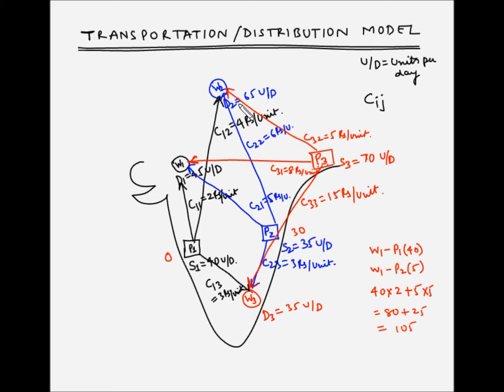Now the demand at W2 is 65 units per day and P3 can supply 70 units per day. So 65 units can be shipped from P3 to W2 at a cost of 5 rupees per unit.